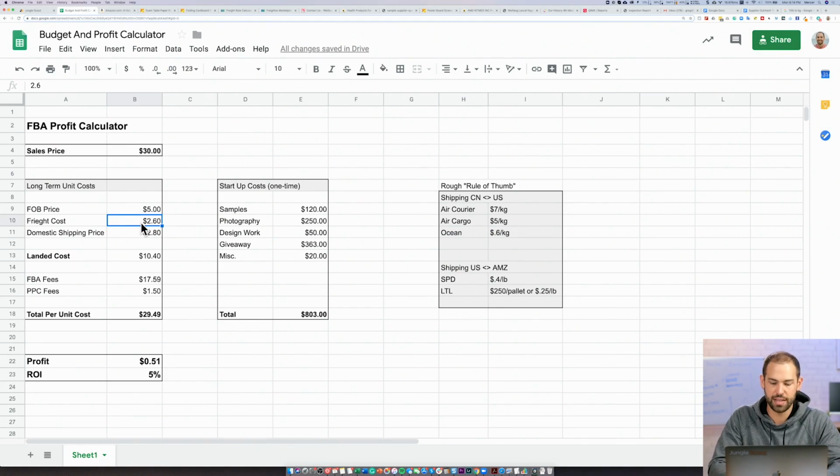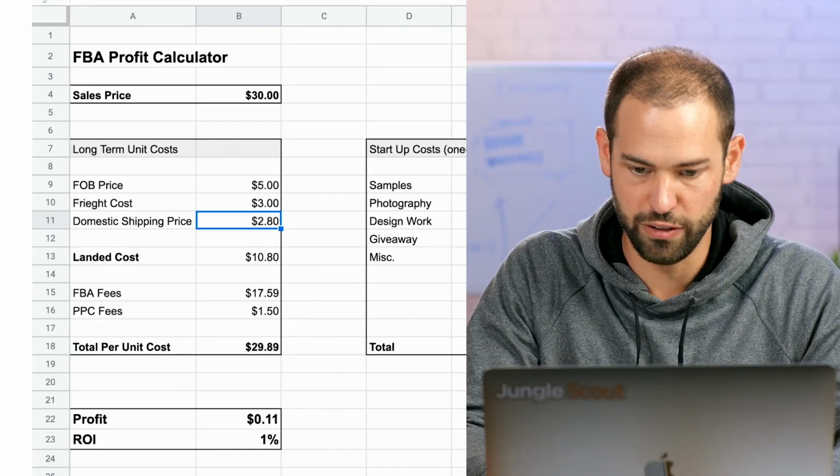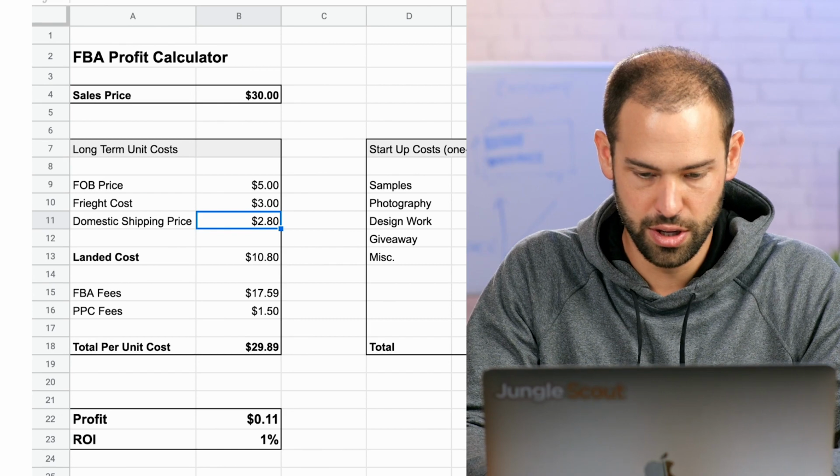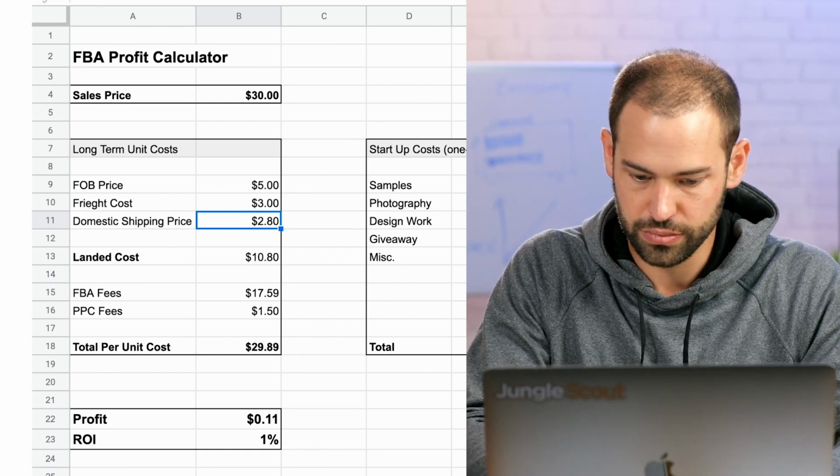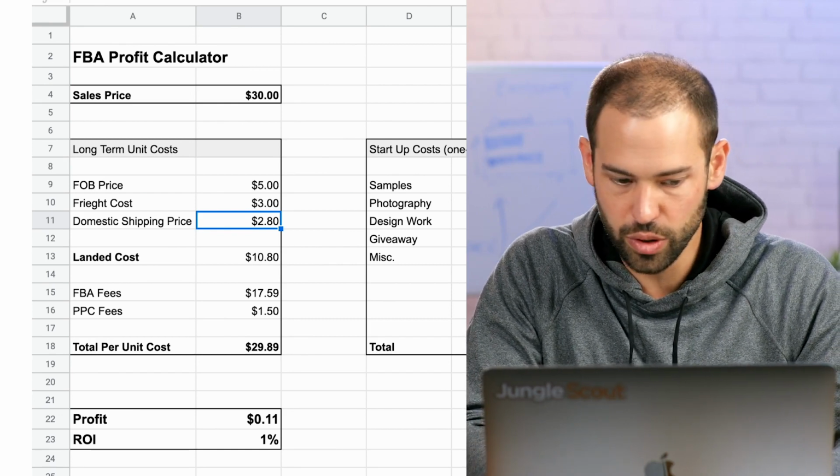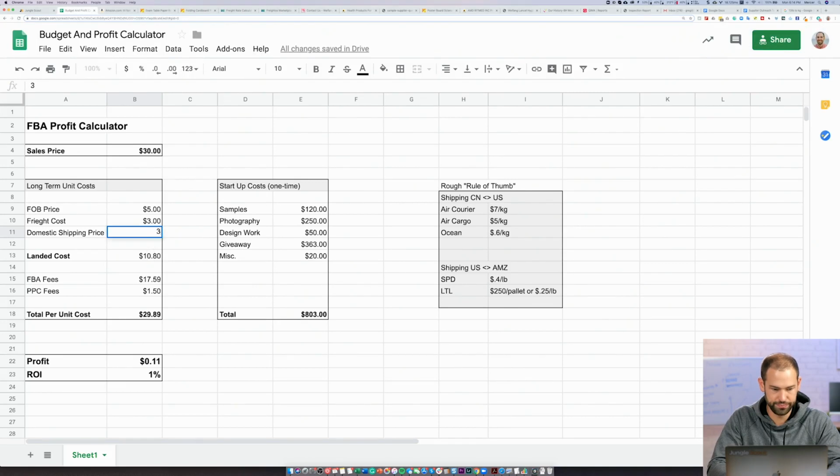It's actually, I bet, going to be significantly less than that because I know you could fit a lot of these in a container. We'll probably end up getting a whole container. And then the LTL would be a quarter times 12 pounds. So for that one, $3.